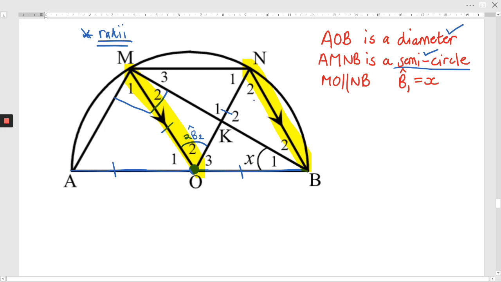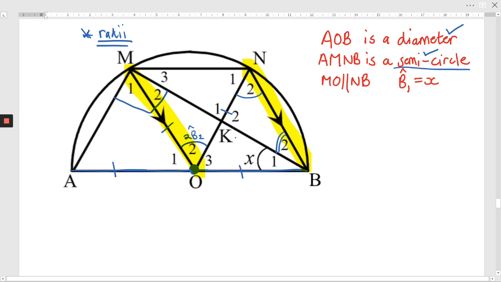Okay, let's see. My N2 here would be the same as what I've just done as 2B2. So I've done a single bar there, so I'll keep it like that. But I've got an X in the middle, so that means I've got another set of alternate angles. So that means that B2, let's give that a double bar.